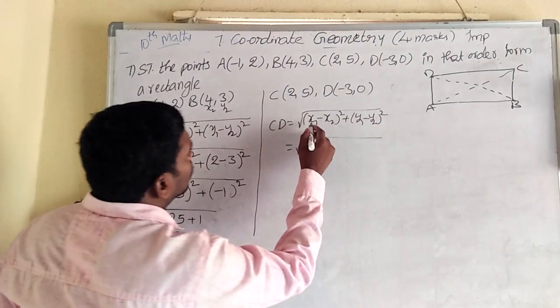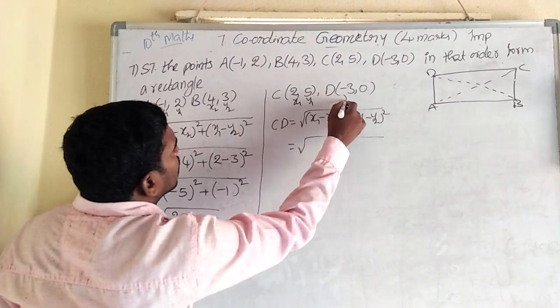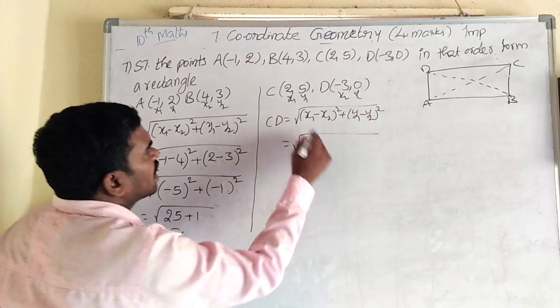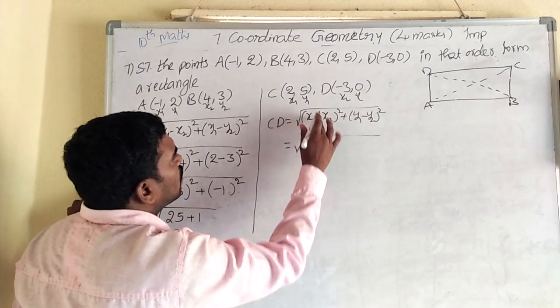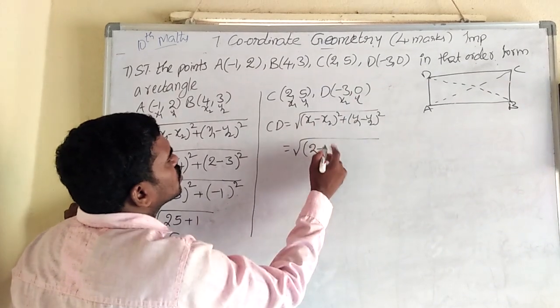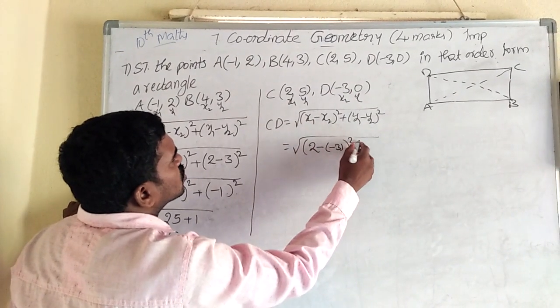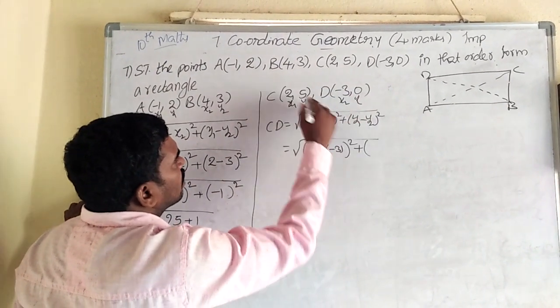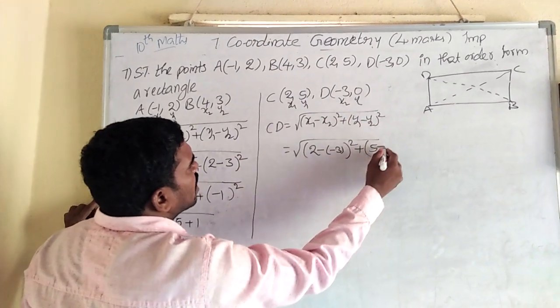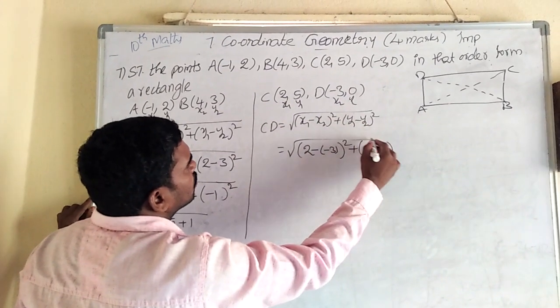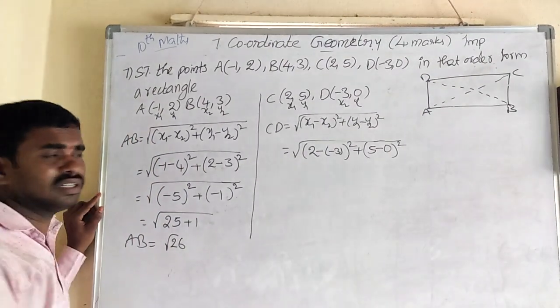What is x1 here? x1, y1, x2, y2. x1 means what? 2 minus x2. What is x2? Minus 3 whole square plus y1, 5 minus y2. y2 means 0. Okay?